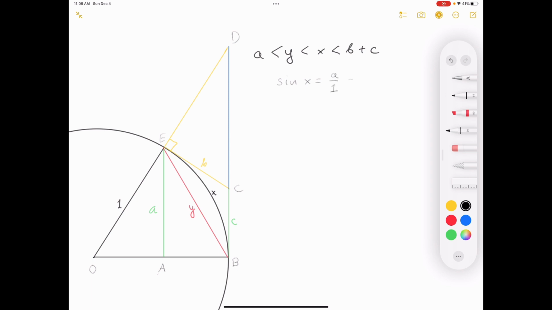So in other words, a is equal to sine x. So in order not to introduce too many variables that we won't need, I'm just going to write sine x instead of this a over here. And the same in our inequalities.